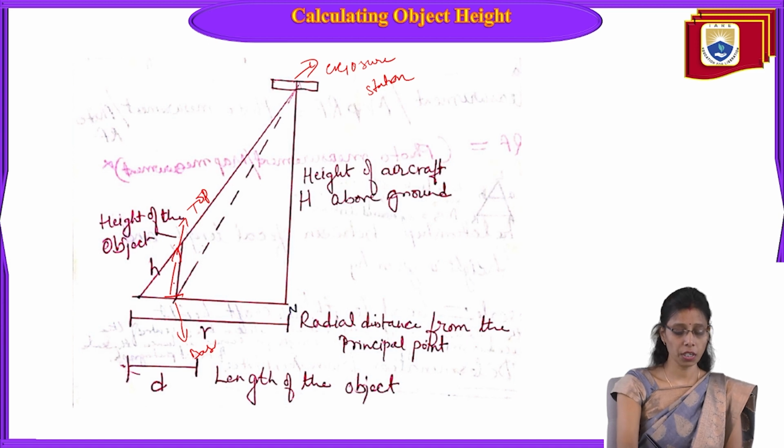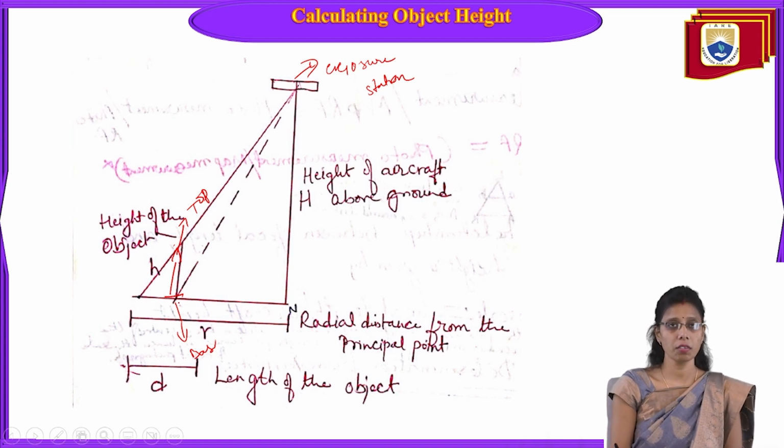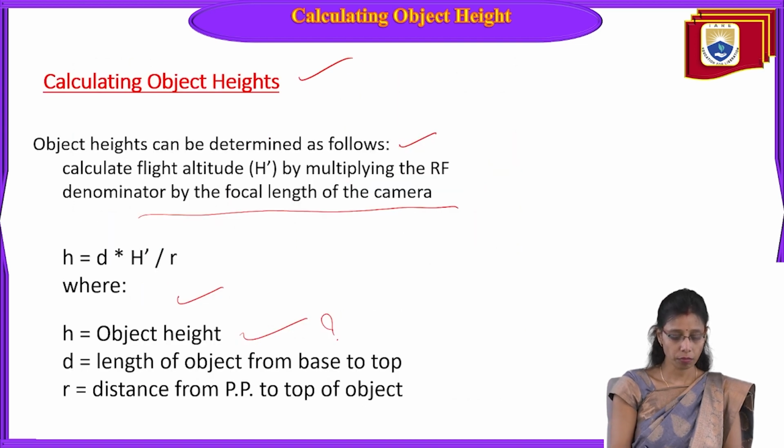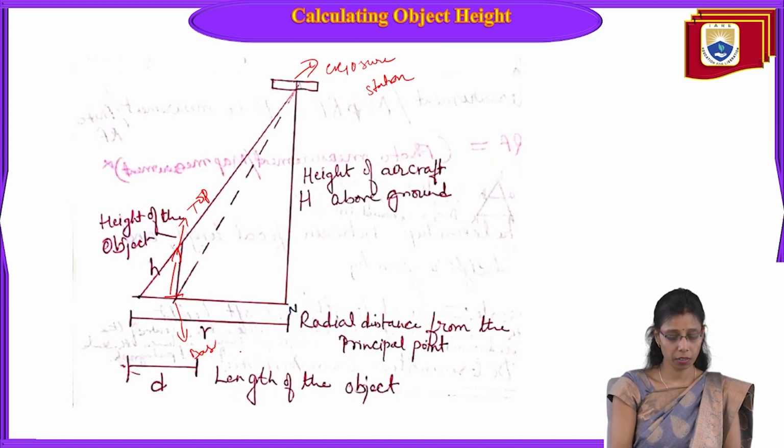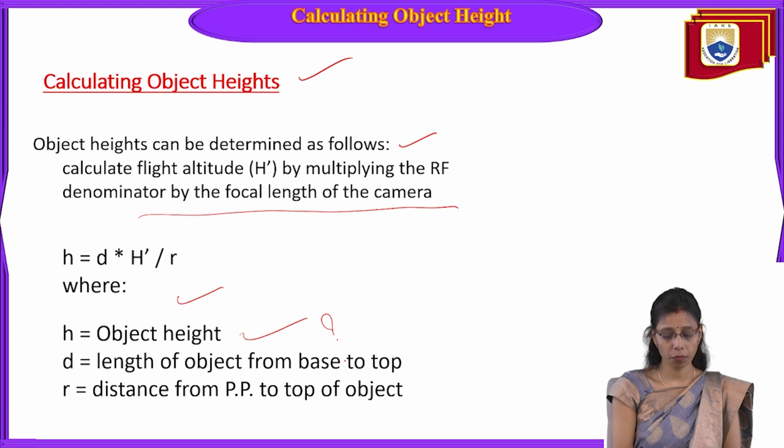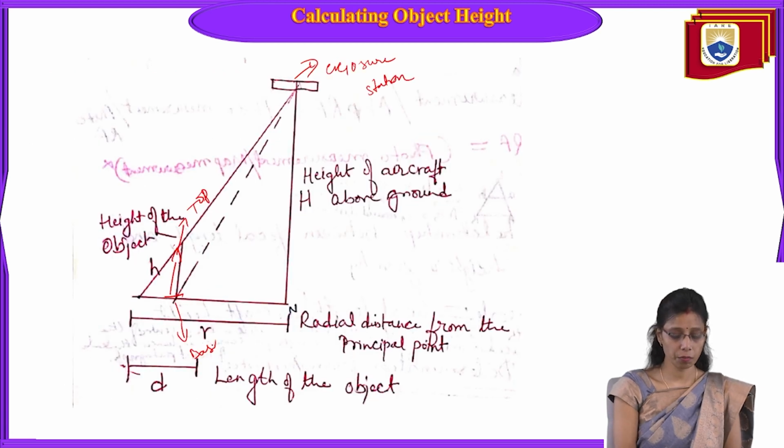So this we are going to measure. This is the object. How much distance is from the top to the base? If we get to know that, then we are able to calculate the height of the object. Now here, what is D? D means the length of the object from the base to top, from here to here. That is called D.